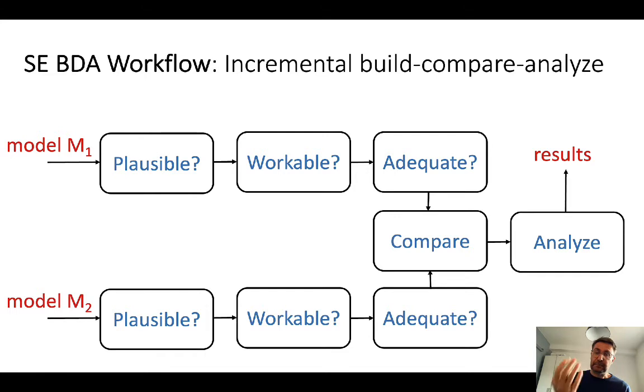Then, based on what we learn in the adequate step, or maybe in analyzing model 1, we can incrementally add or change some aspect of model 1 to have model 2, and then we go through the steps again. In the end, we can compare what the models tell us about our research question, analyze which model we prefer and what it tells us about our original research questions. And we have then our results summarized in our posterior.